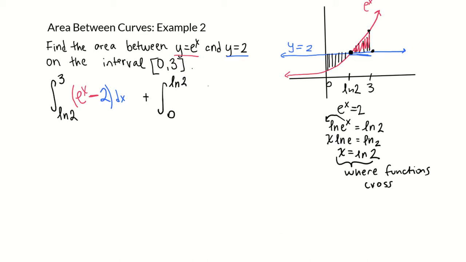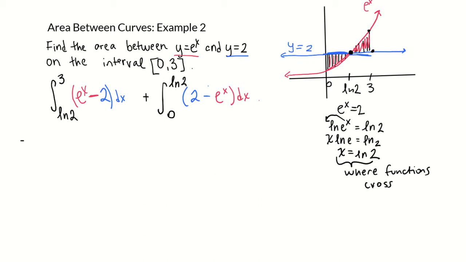And then for the second chunk, y equals 2 is the greater function, so we'll do 2 minus the lower function, which is e to the x, to get this area. And then we integrate both of these pieces.